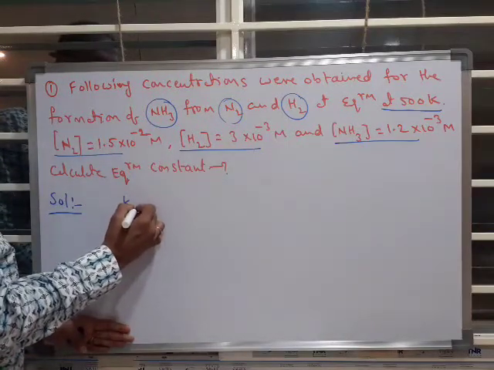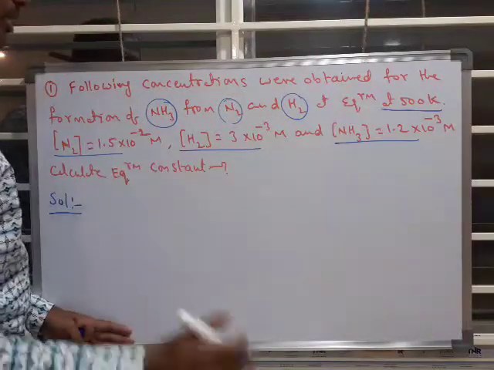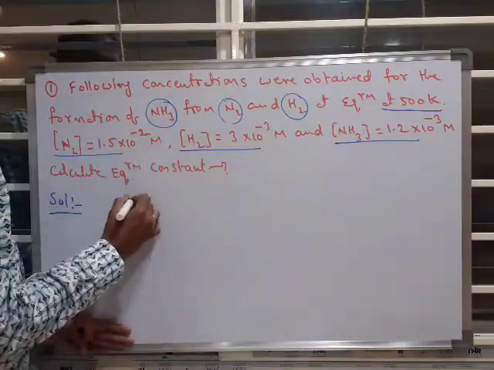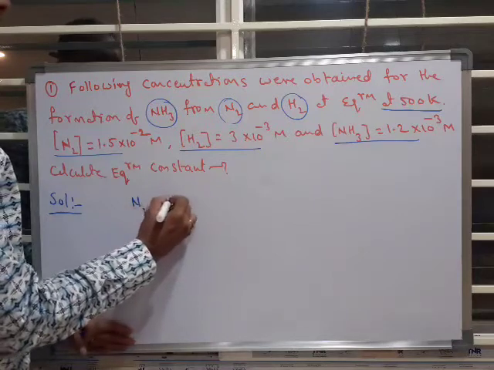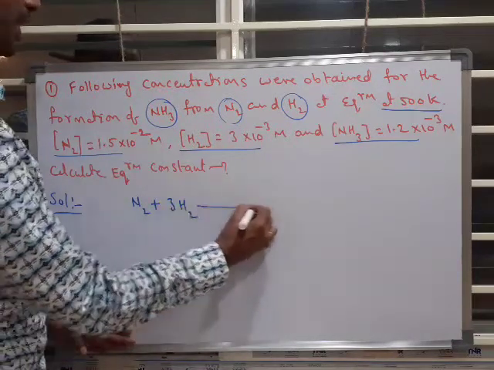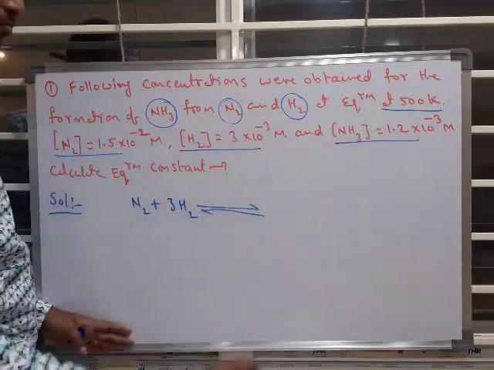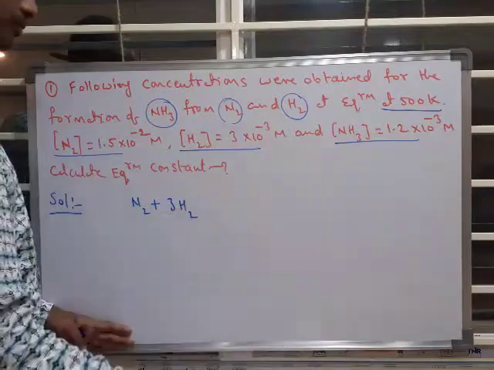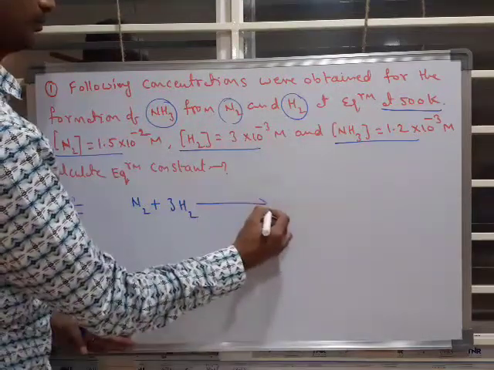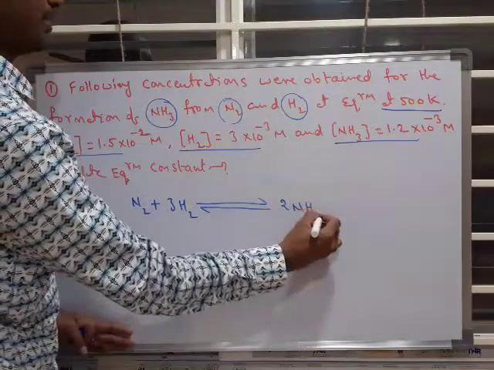In terms of concentrations, actually first we have to write the reaction. Okay, so the formation of ammonia equation, we know that it is Haber's process. N2 gas, H2 gas gives rise to NH3.